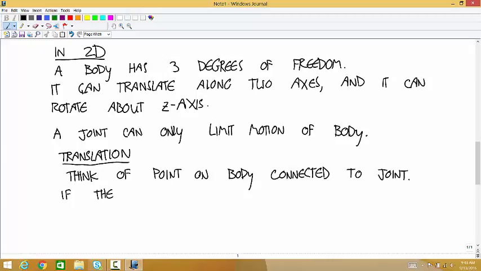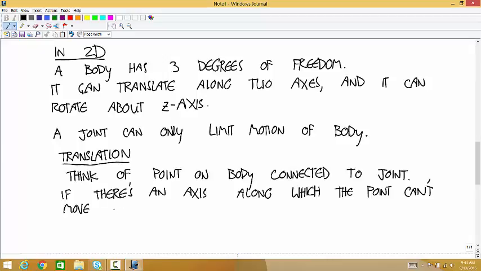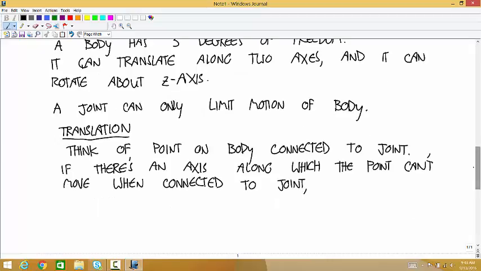If there's an axis along which the point can't move when it's connected to the joint, then the joint applies a force along that axis to the body.